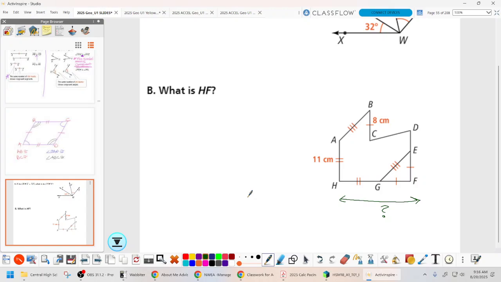Okay? So I'm going to wait till I get a bunch of you with your hand raised, letting me know you know how long HF is. I already have one hand up. Now like 4 or 5 hands. Okay, keep going. 6, 7, 8.